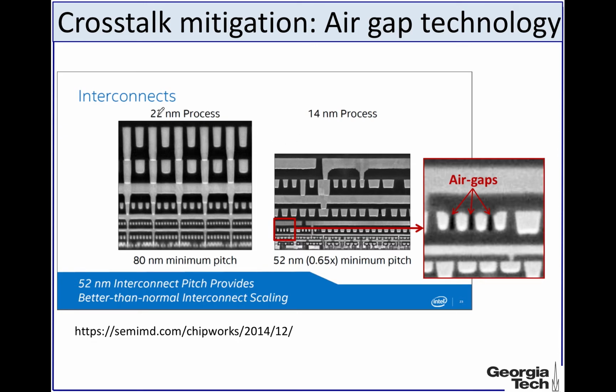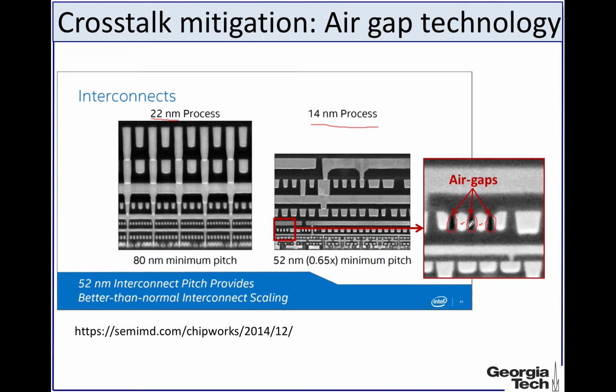For example, here I'm showing a cross section of a 22 nanometer process which does not have any air gaps. But moving forward to the 14 nanometer process, you can see in this zoomed out image that between these metal lines there are some air gaps introduced, and this air gap reduces the dielectric constant between these metal lines from 4 for silicon dioxide to close to 1 for an air gap.